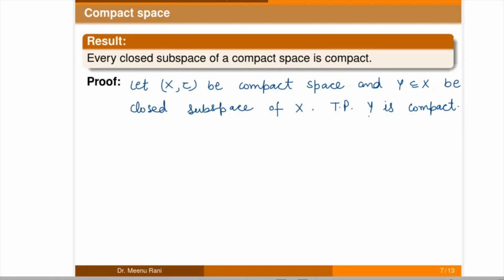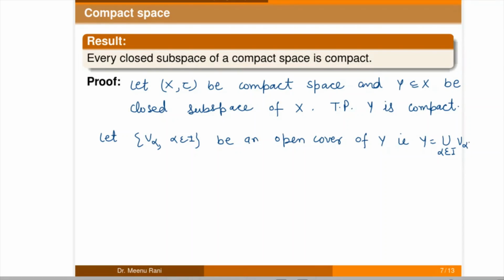So we have to prove that every open cover of Y has a finite subcover. For this, we take an open cover of Y. Let us take a collection of open sets V alpha in Y. So it means Y can be written as a union of these V alphas.